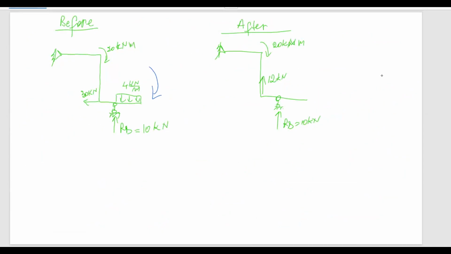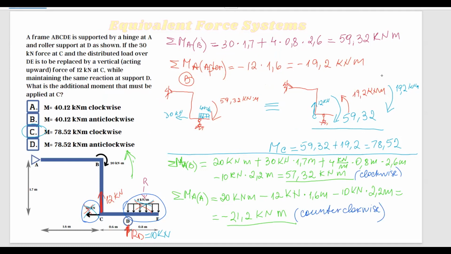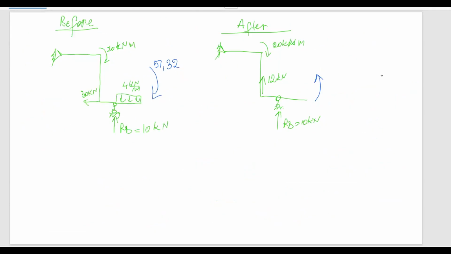So I get clockwise 57.32. I haven't checked this before, so I hope I get the right numbers here. And then this here, I'm getting counterclockwise direction, a moment of 21.2. So again, we're going to apply the same thought process.